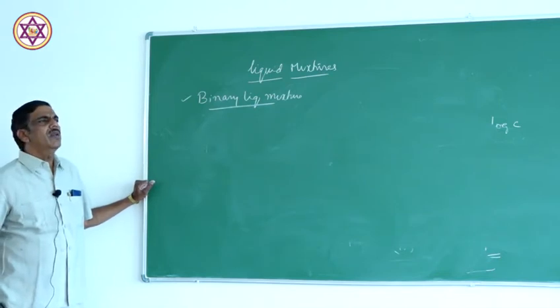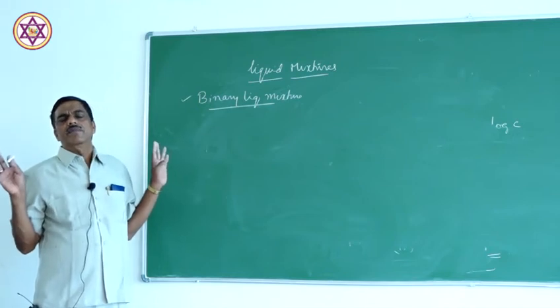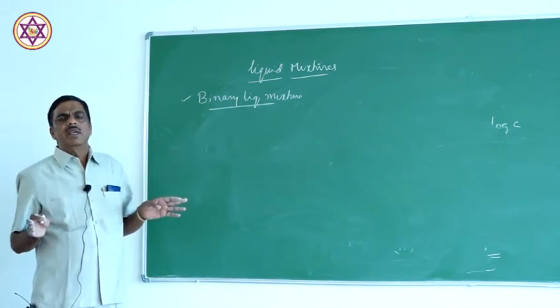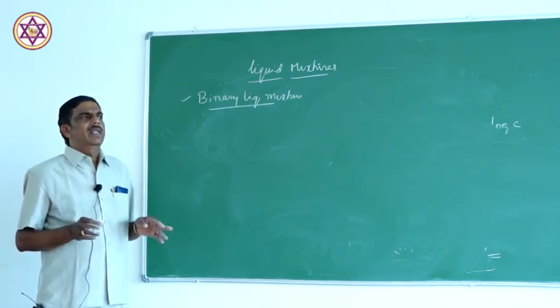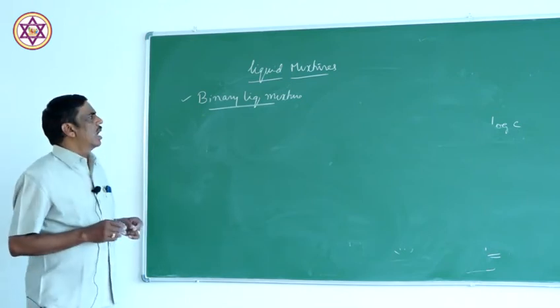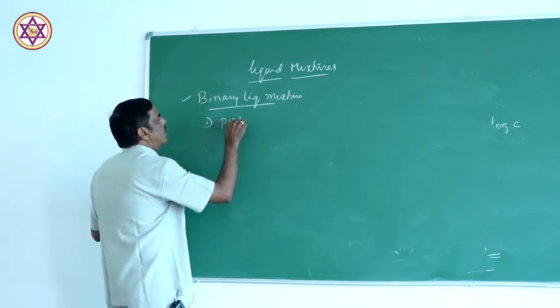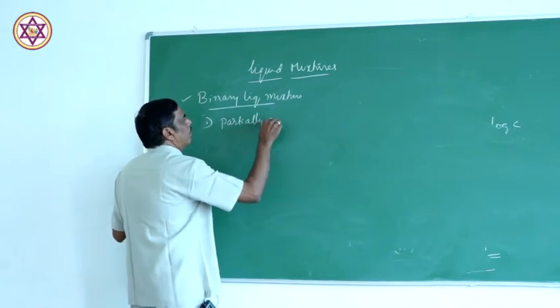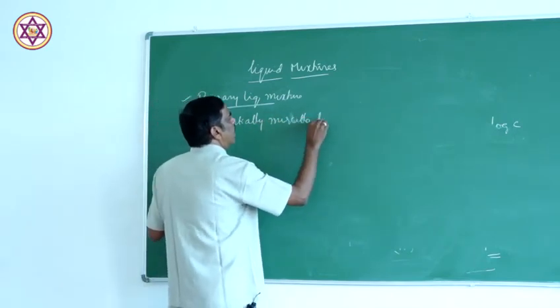All binary liquid mixtures are not identical. They show different behavior. They show different solubility. So depending upon that, these binary liquid mixtures are further classified as partially miscible liquid pairs.